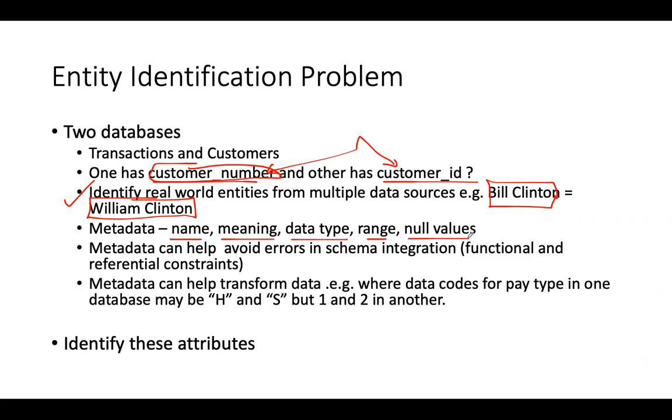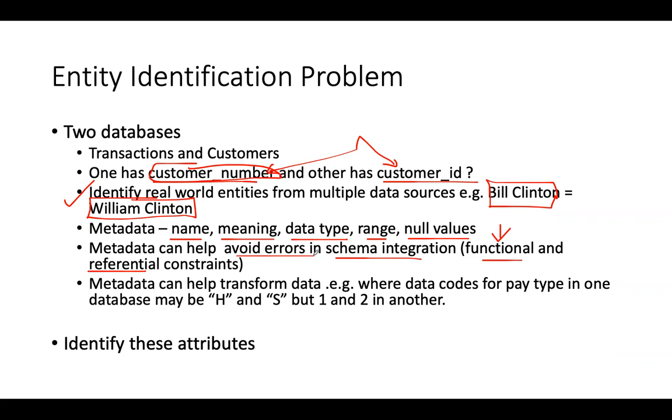The reason why we have metadata here is that it can help us avoid errors during schema integration. If you've taken a database course, you realize you can enforce that via enforcing functional and referential constraints. Impose that on your database schema. That way, you'll avoid some of those errors during schema integration.